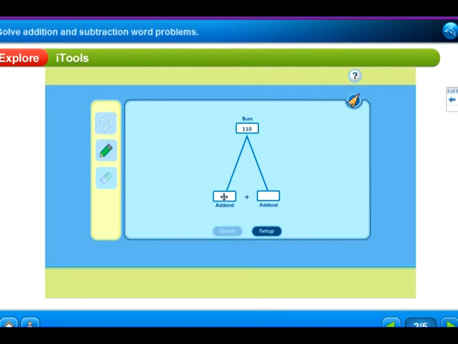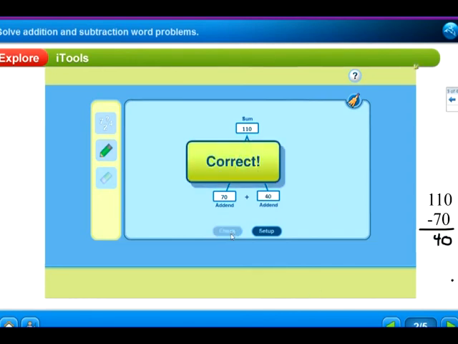What we can do is we can go 70 plus something equals 110, or we can go 110 minus 70. For me, it's easier to go 110 minus 70 to see if I can figure that out. And if I figure that out correctly, I can go 11 minus 7 is 4, so 40. So I'm going to put 40 right there. Check my answer. Correct. So math mountains are fairly easy to understand once we get started using them.